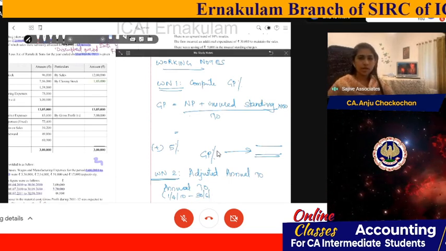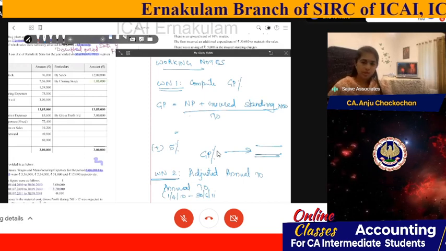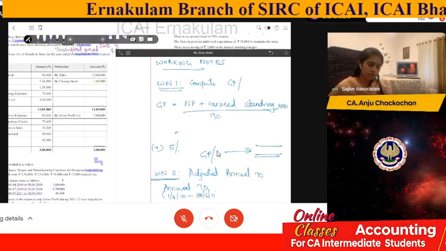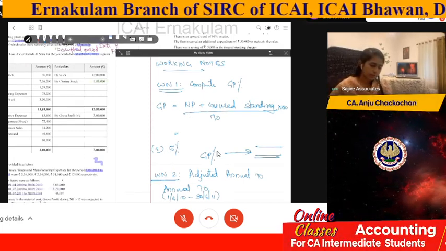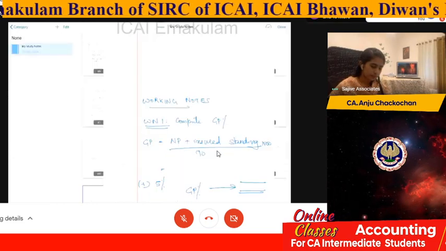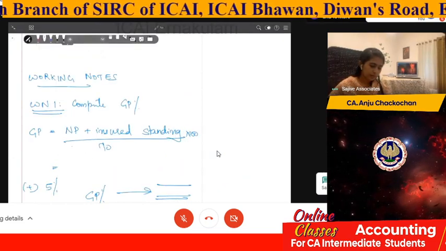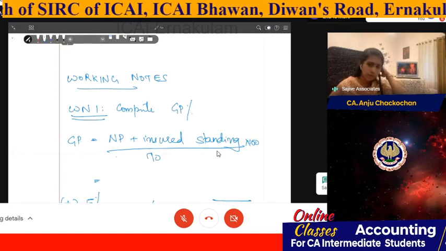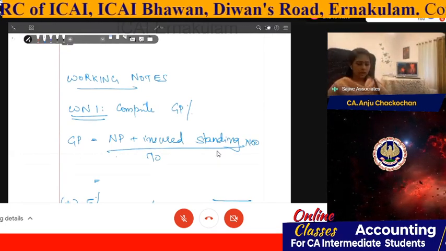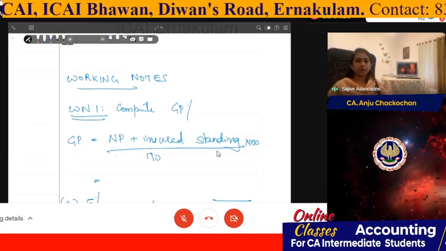Okay, do one thing, everyone. Compute the GP percentage, and then we'll proceed with the rest. Come up with the GP percentage, and then we'll do the GP adjusted annual turnover.